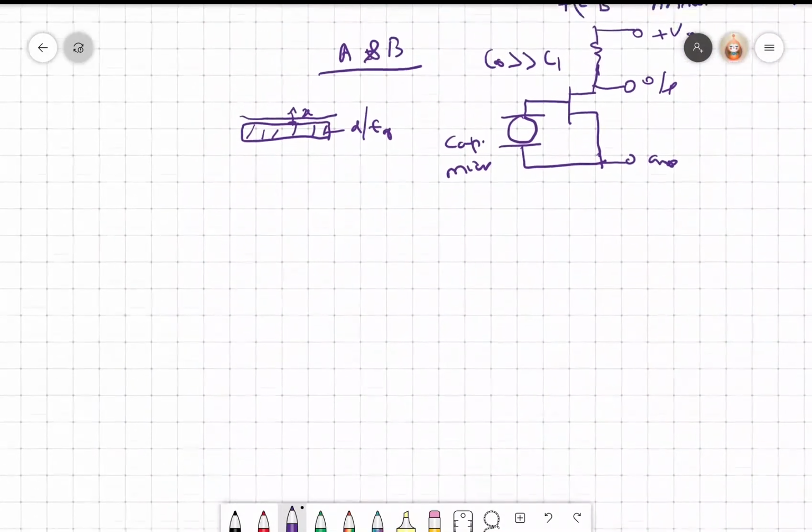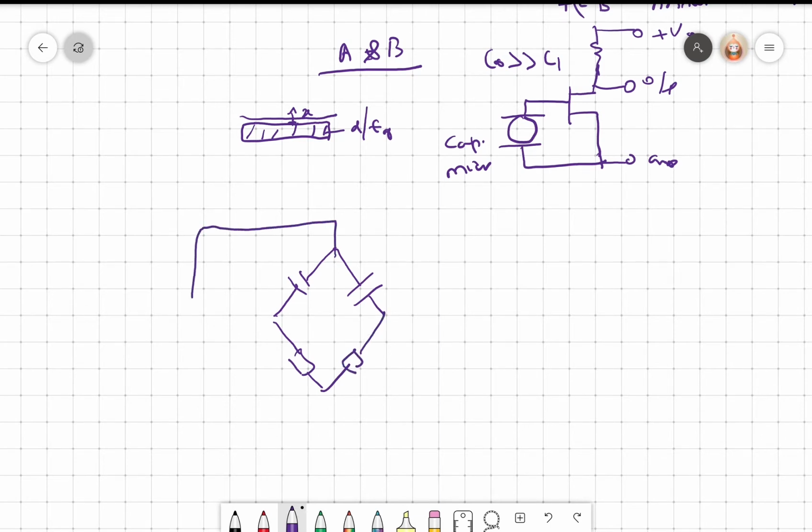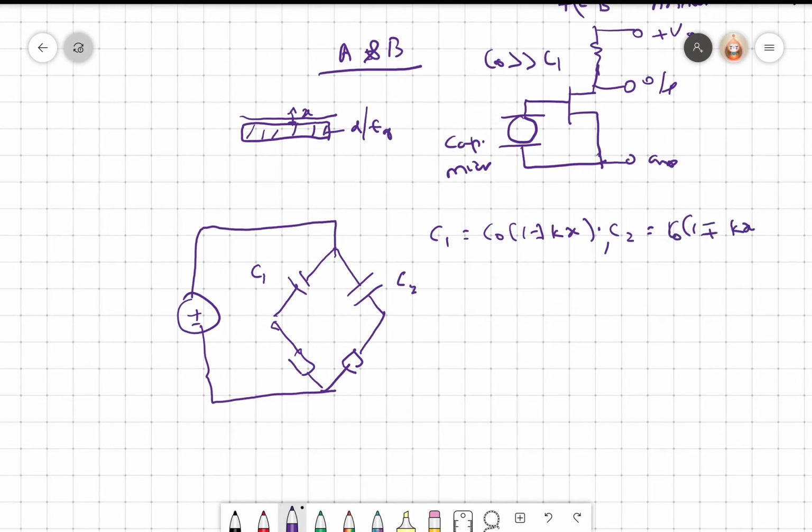The other case is when we have differential capacitive sensors, C1, C2, where C1 is equal to C naught into 1 plus or minus Kx, C2 is equal to C naught into 1 minus or plus Kx, or is equal to C naught into 1 by 1 plus or minus Kx.